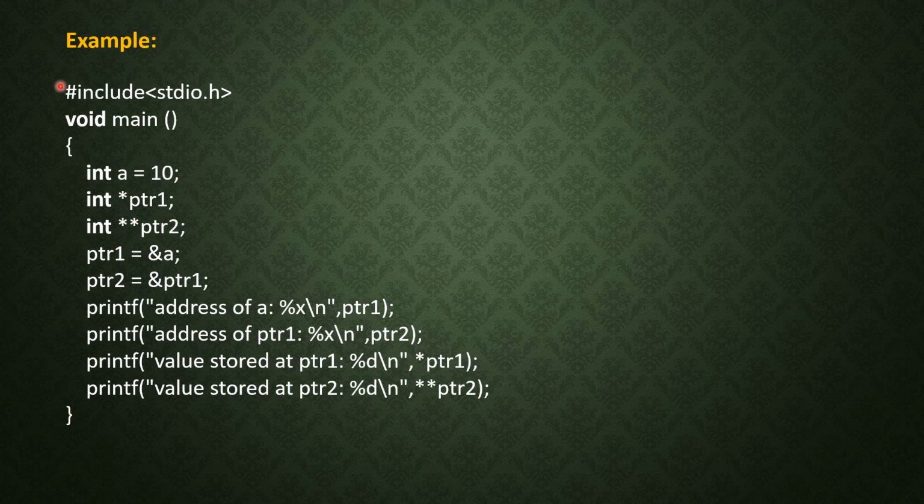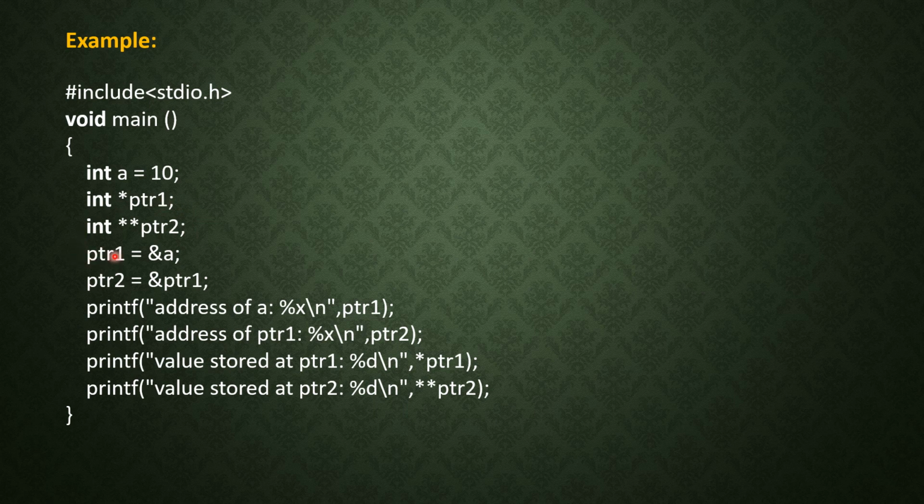So here is an example for pointer to pointer. For that we require one variable, one pointer, and one pointer to pointer. PTR1 is a pointer which stores the address of a variable, and PTR2 is a pointer to pointer which stores the address of pointer 1. Now we'll see how we are going to store that.